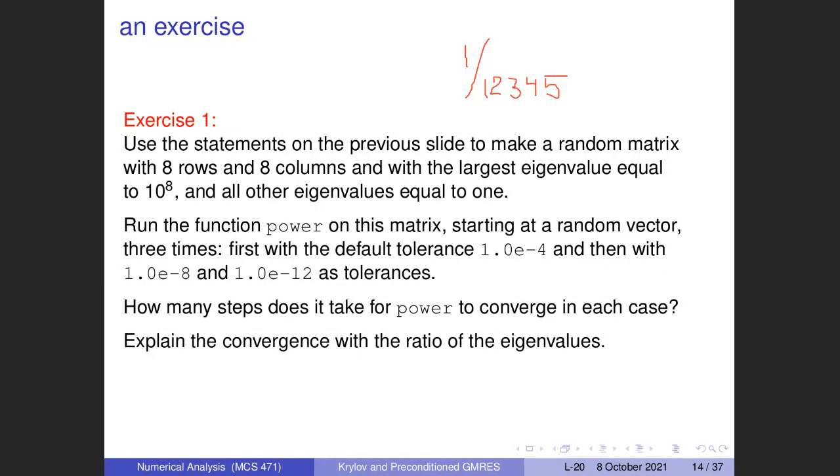This is approximately 10 to the power minus 6. So actually your convergence will be extremely fast. You should still see that the convergence is actually linear.